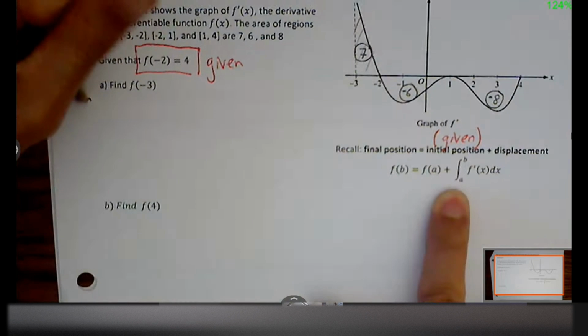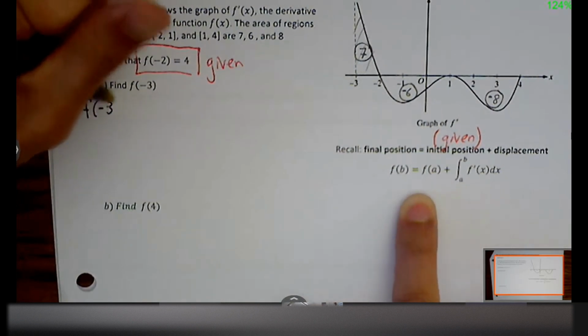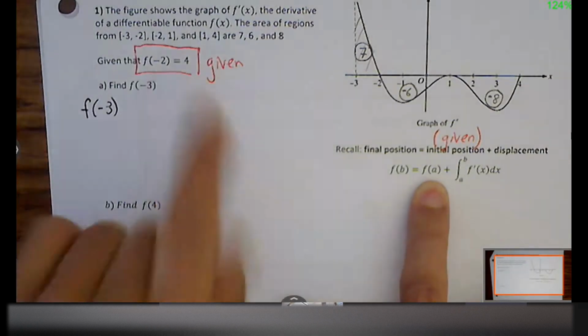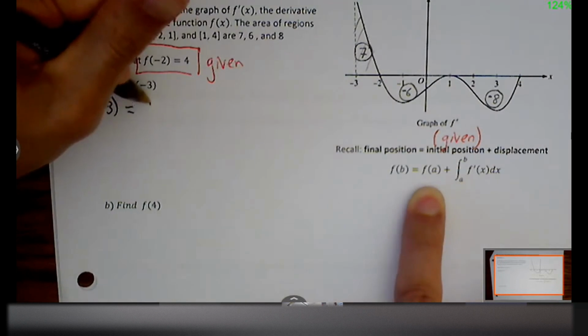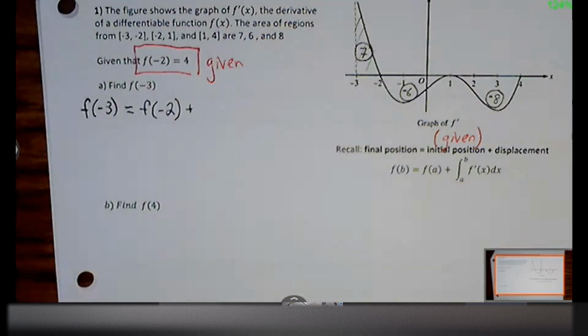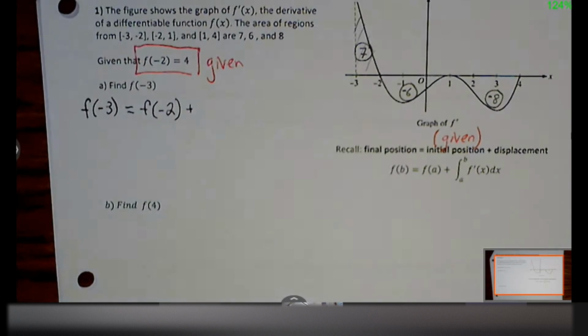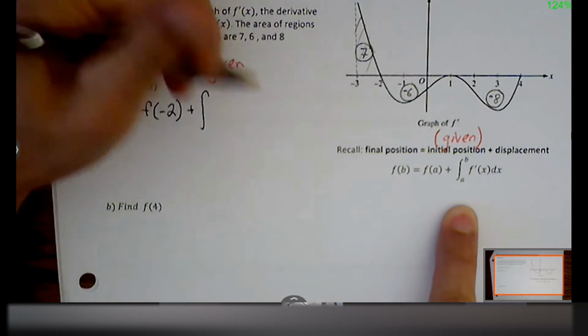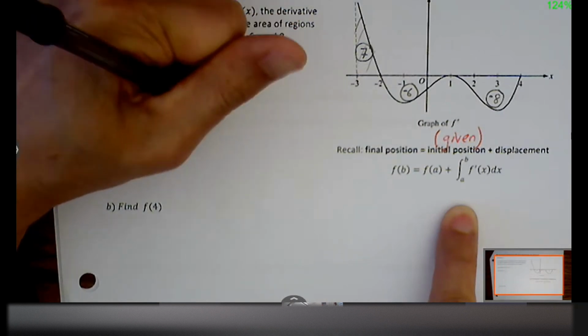So I'm going to follow the formula exactly as I see it. My b is -3. I want to find f of -3. My starting point is my given. I'm starting at f of -2. And I need to find how much progress I'm going to make between -2 and -3. So definite integral of f prime.